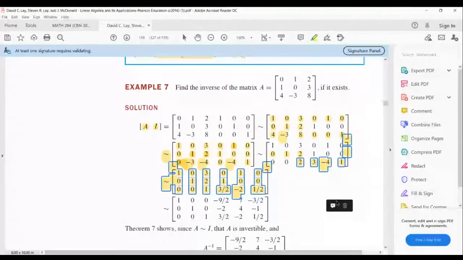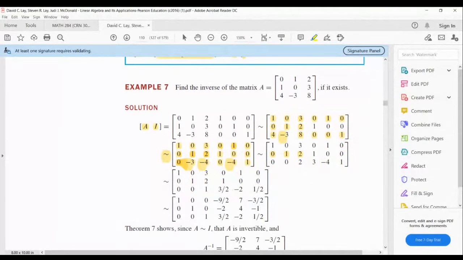And I know the coloring is getting out of control, but do you see what they're doing? They're getting the matrix A eventually in reduced echelon form, and that's how you get the identity down here.